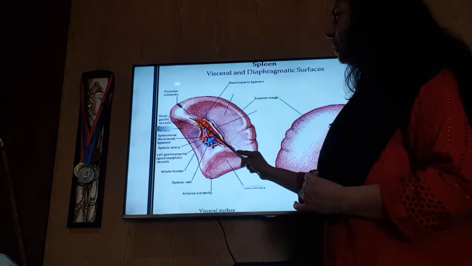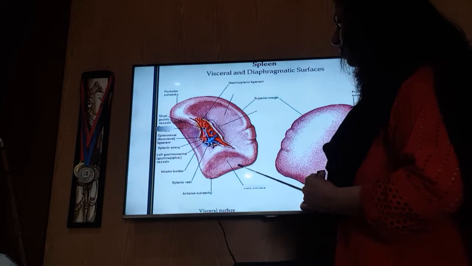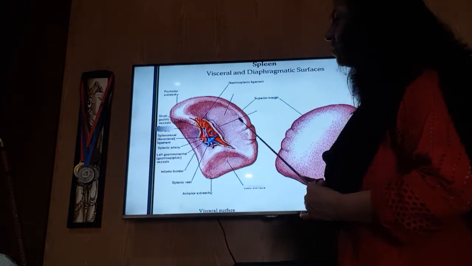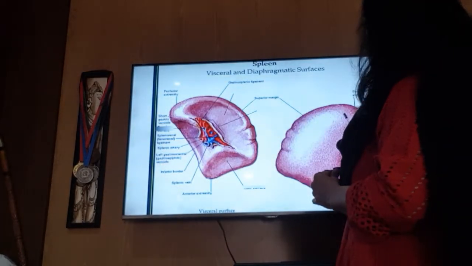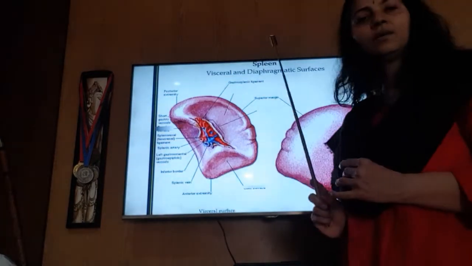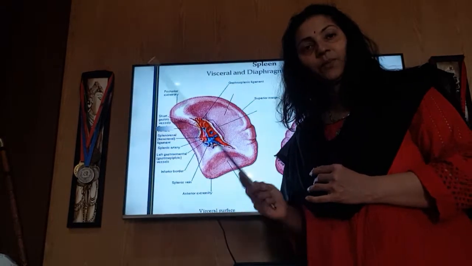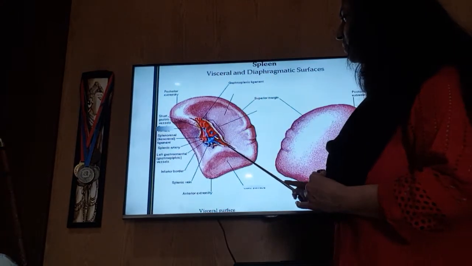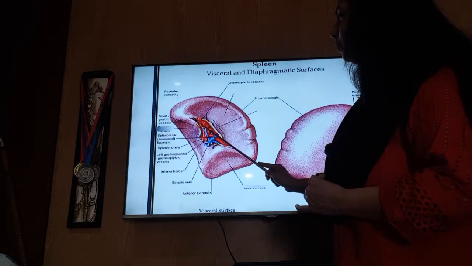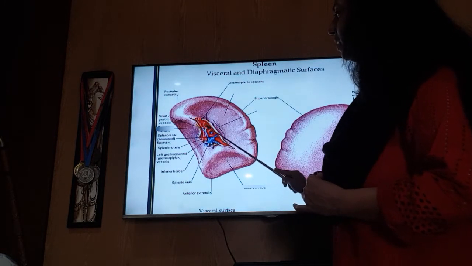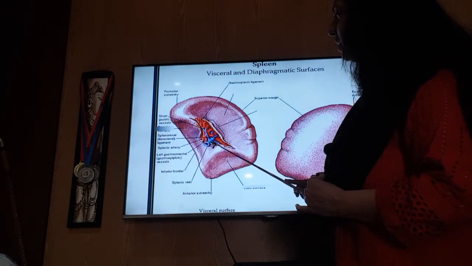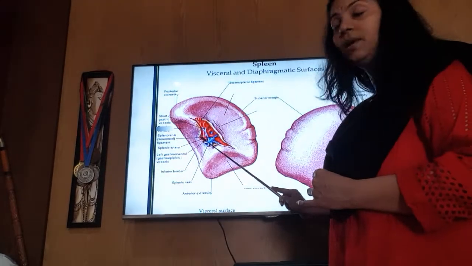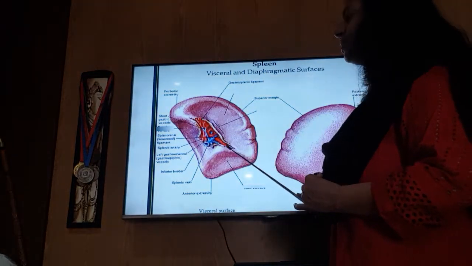The narrow end is posterior, the broad is anterior. The surface which has got impressions is the visceral surface. The surface which is convex is diaphragmatic surface. But the borders, one border, intermediate border, this is simple. The border passing through the hilum, where the splenic artery, splenic vein, that means the vessels of the spleen, are present, this border is intermediate.